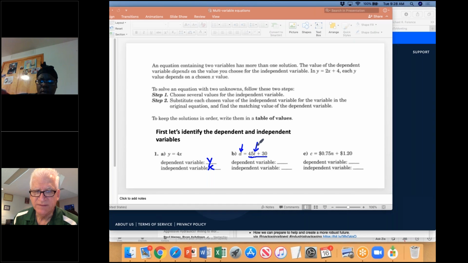So your independent variable is going to be t, and your dependent variable is going to be d, because whatever you plug in for t and multiply it by 45 and then add 30, that's the answer you're going to get, and the answer is the dependent variable. In this case, it's d.